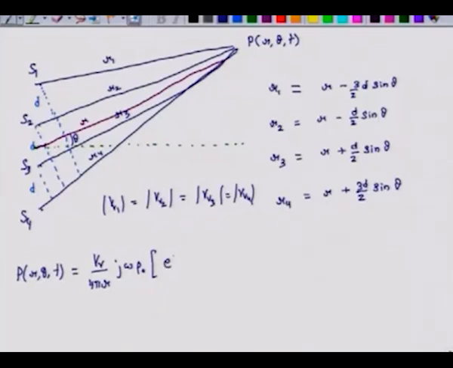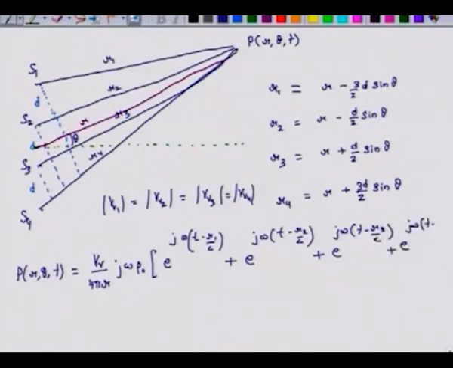The contribution of the first source is e^(j omega (t minus r1 over c)), the contribution of the second source is e^(j omega (t minus r2 over c)) plus e^(j omega (t minus r3 over c)) plus e^(j omega (t minus r4 over c)). So, there are 4 sources, and these are the contributions of each of these sources individually.